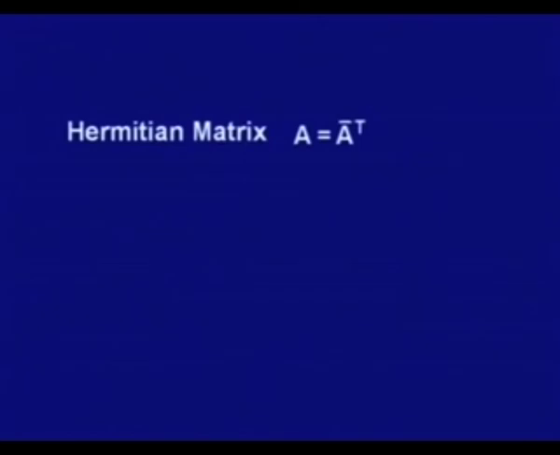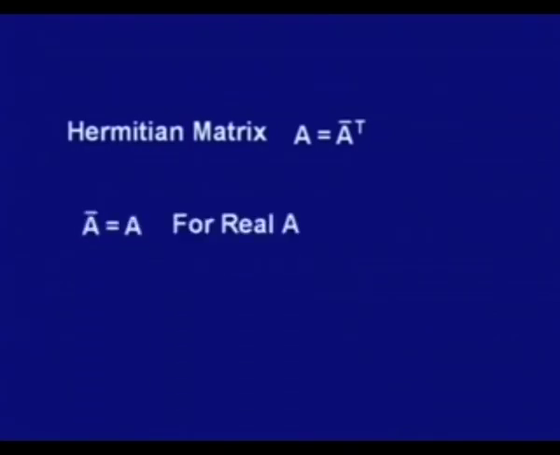Now, on the basis of that, we can introduce Hermitian matrices. A Hermitian matrix is a square matrix A which is the same as its complex conjugate transpose. So, A bar transpose is the same as A for a Hermitian matrix.